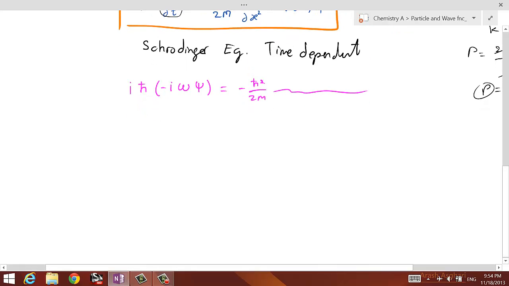Again minus 1, the minus cancels, so h bar omega, my wave function, equals minus h bar squared over 2m, my wave function differentiated two times by x, plus the potential energy of my function.